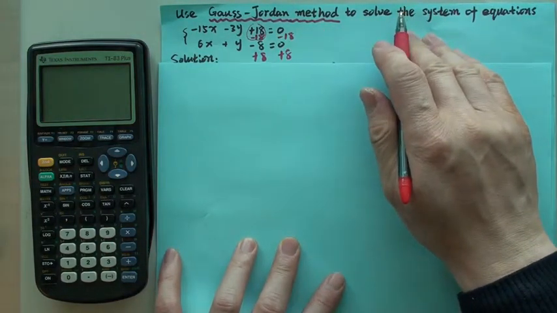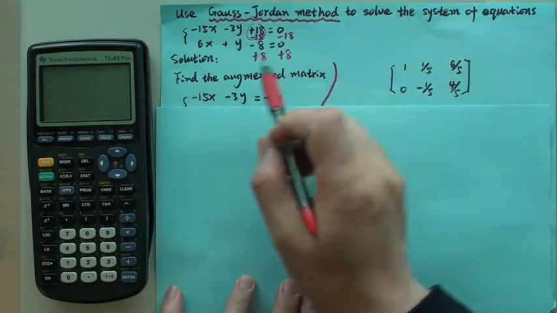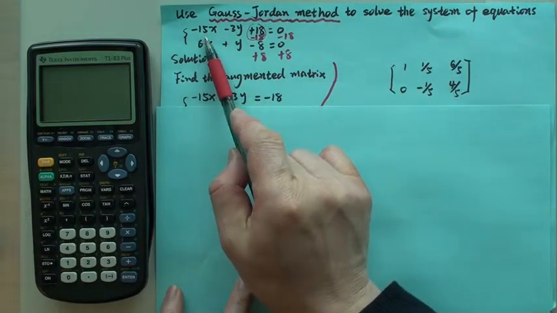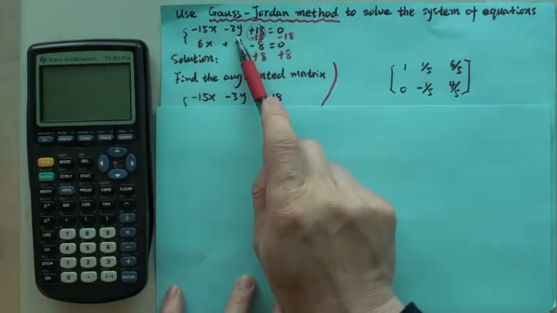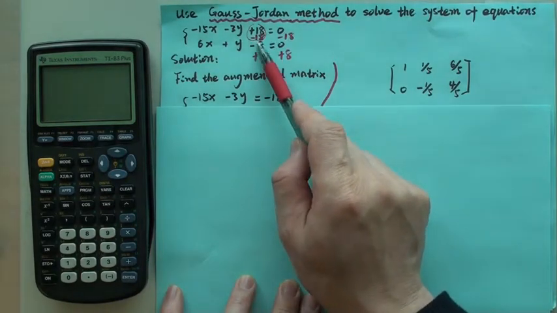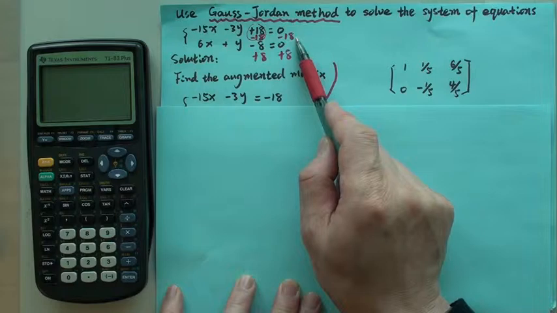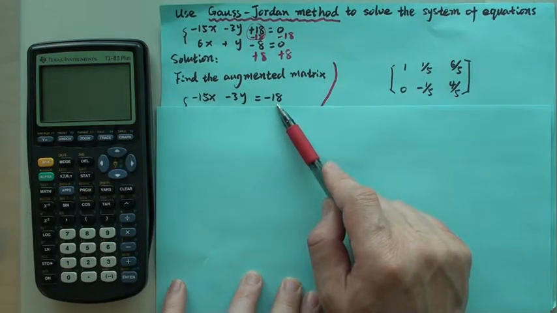What's left is negative 15x minus 3y equals, again those two cancelled, so the right-hand side is 0 minus 18, which is negative 18.